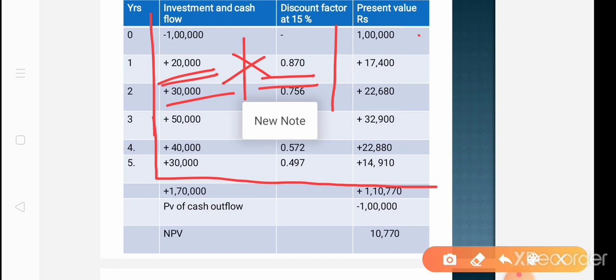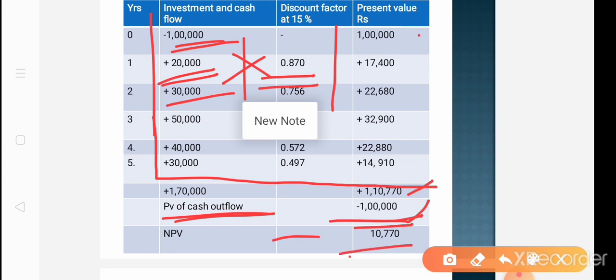Then after that, we are rewriting the cash outflow here, which was already given in the question, 1 lakh. Then we are deducting inflows minus outflows. Inflow is here and outflow is here. When we deduct it, we will get the net present value. I think it's clear for you.